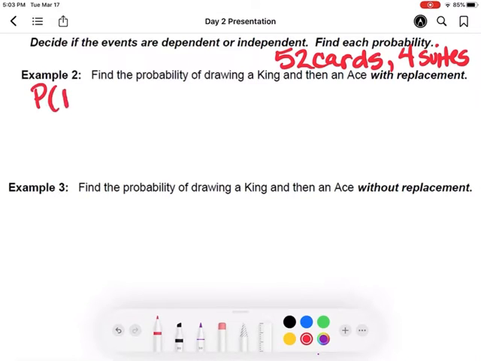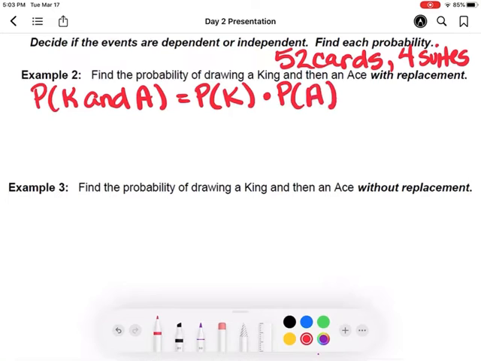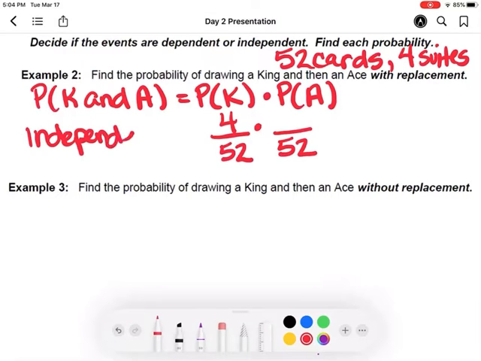So that would be the probability of getting our king times, for "and," the probability of getting our ace. What are the chances we're going to get our king? There are 4 kings in my deck of 52, so 4 out of 52. Then we are replacing that king, putting it back, so we still have 52 cards. So again, these are independent events.